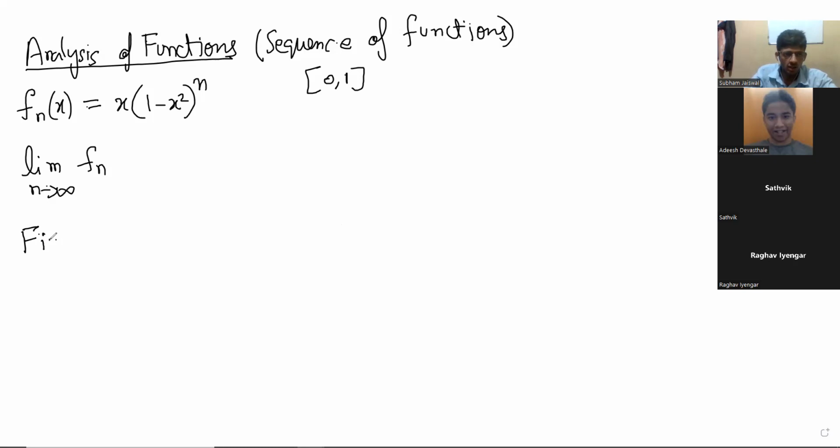This pen is not working very well. Fix some arbitrary x naught, and you compute the limit of f1(x naught), f2(x naught), and so on, and you find this limit.